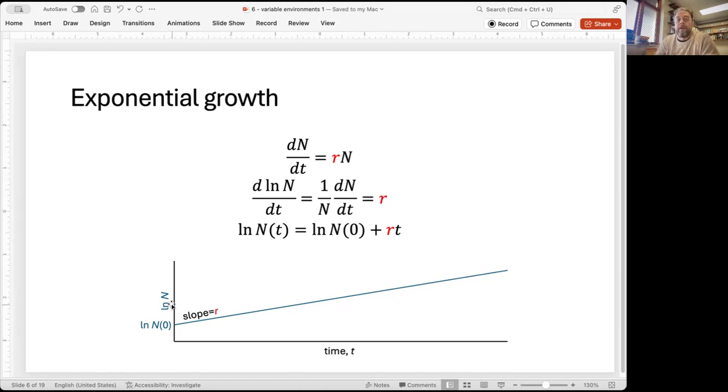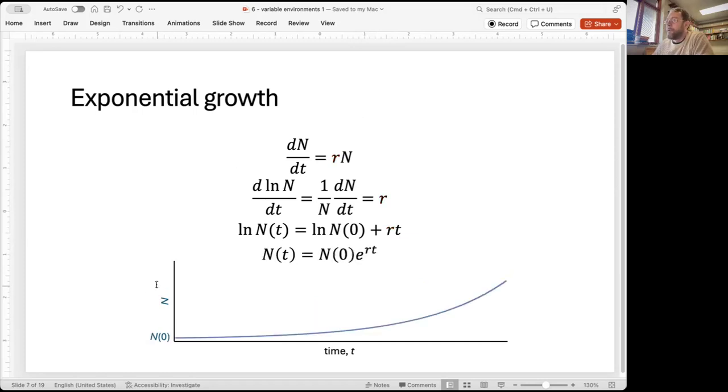If you want to know where you are in the future, just look at where you started, look at your rate of speed, your velocity little r, and multiply it by how long you've been driving. That's where you are on the road. It's literally the exact same thing. So it's hopefully all refresher, and we can exponentiate both sides to get the familiar exponential equation that we all know and love. Same thing.